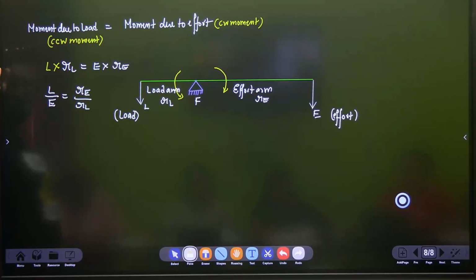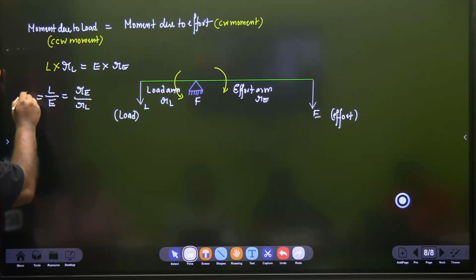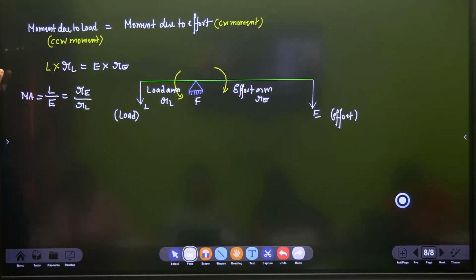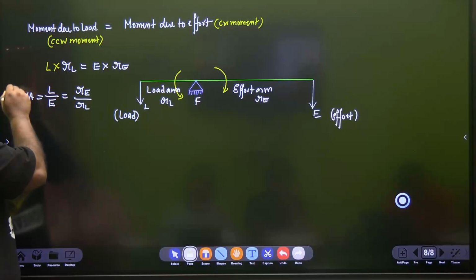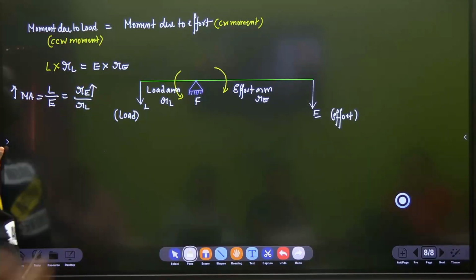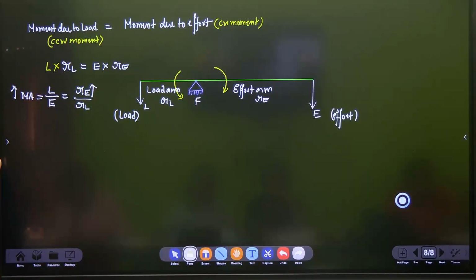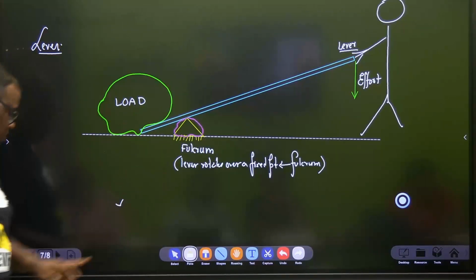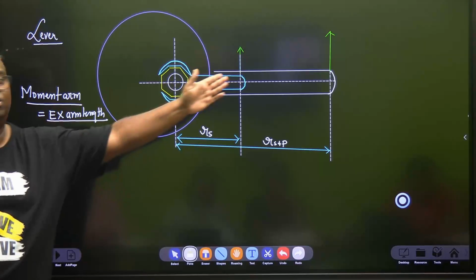Agreed. And what is this ratio? Mechanical advantage. You have no control on these two. This is limited. So if you now want this ratio to go up, what will you do? You will increase the effort arm. You will increase the effort arm, na? That's what you did in the previous example. You increase the effort arm.